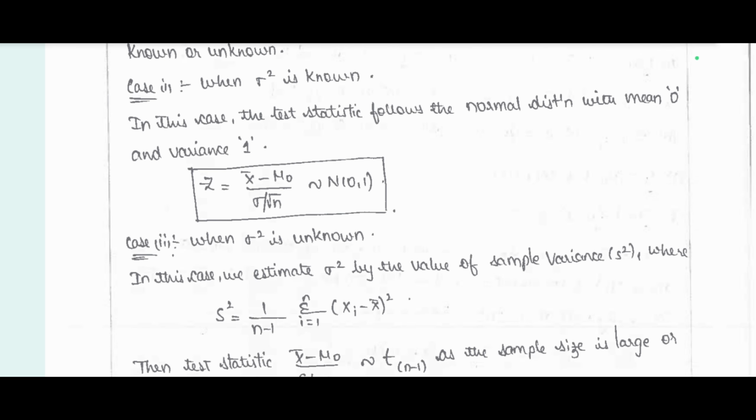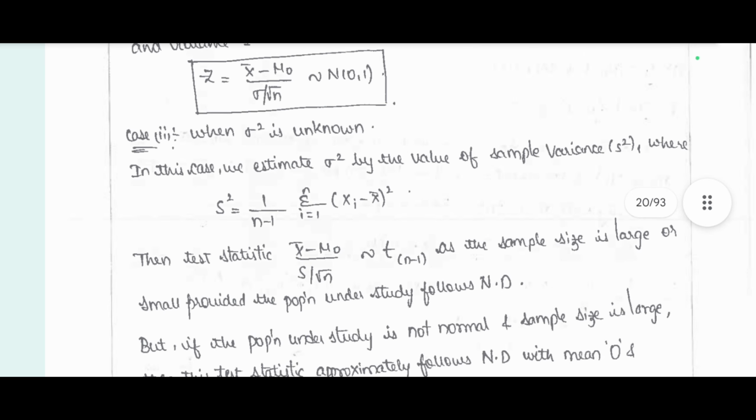When sigma square is unknown, then it is replaced by its sample variance S square, with the formula 1 divided by n minus 1, summation i runs from 1 to n, xi minus x bar whole square. Then the test statistic changes into the student t distribution.